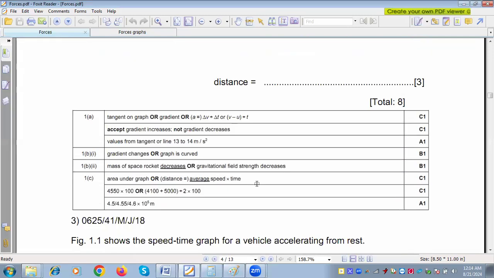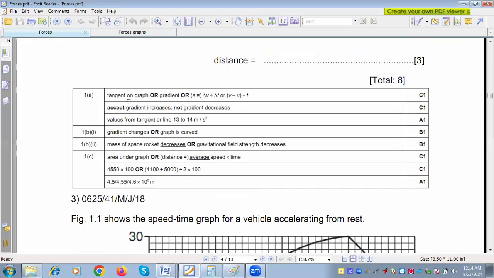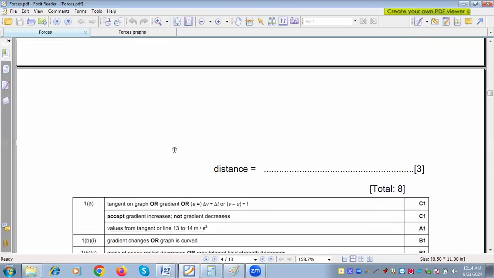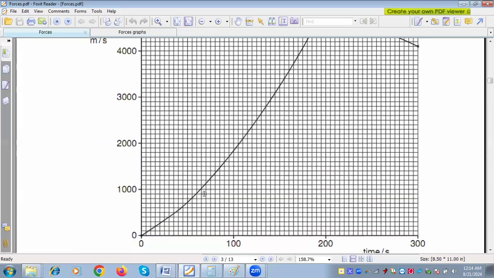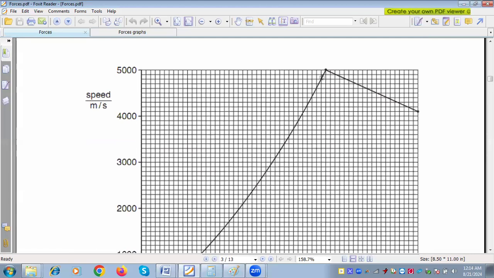So this is the marking scheme. We have calculated the tangent, that is the straight line portion of the graph. In the beginning, the space probe was slower, and later on, it accelerates more.